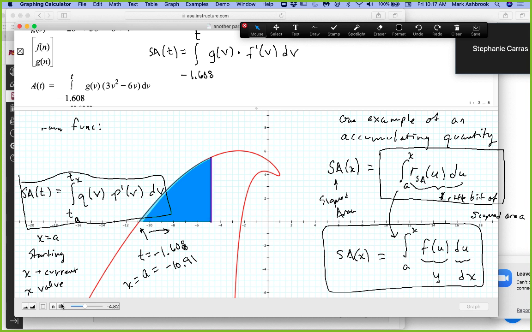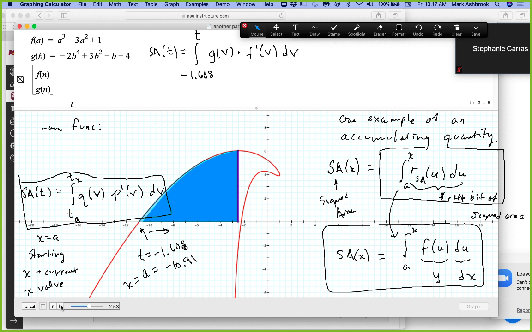They would be positive. Positive and equal to what? Equal to total area? Good. So the signed area so far, all these values of signed area would be equal to the actual area, right? Wouldn't it?